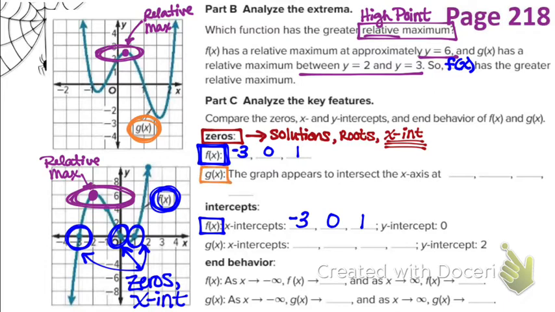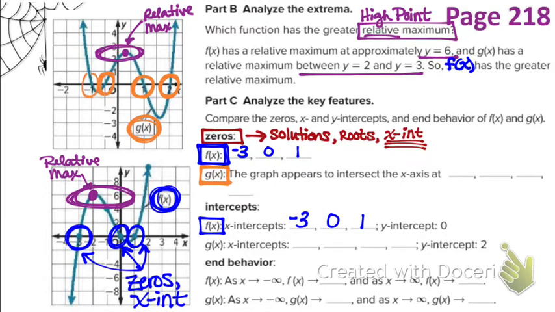All right, let's go to our graph g of x. Does g of x have any x-intercepts at all? Yes. How many? 4 x-intercepts. Where are they? 1, 2, and negative 0.5 and -1, I like that.